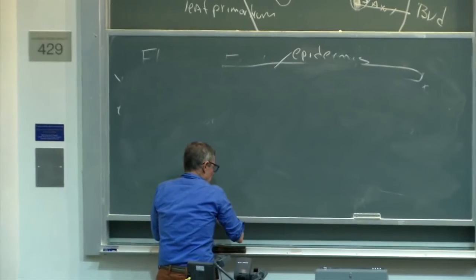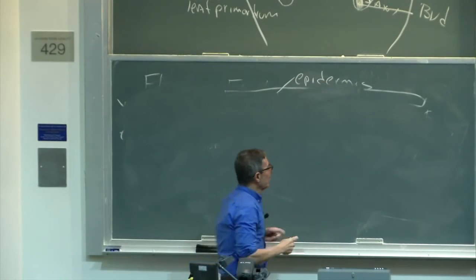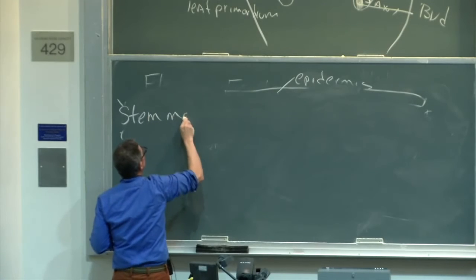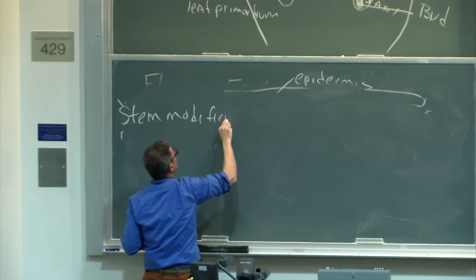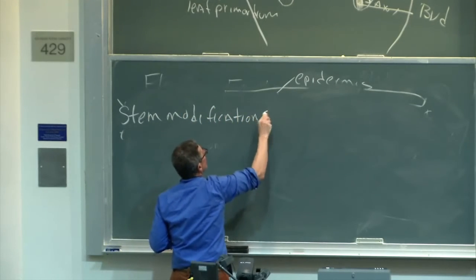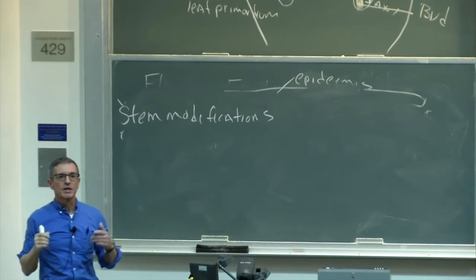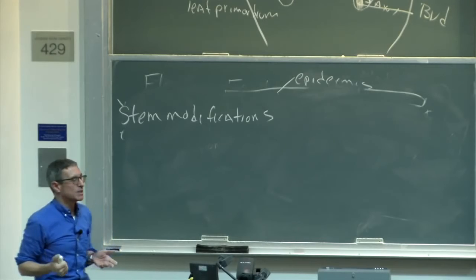So what I want to talk about, first of all, are stem modifications. And for this talk, I want to draw your attention to really two types of modifications of a stem.